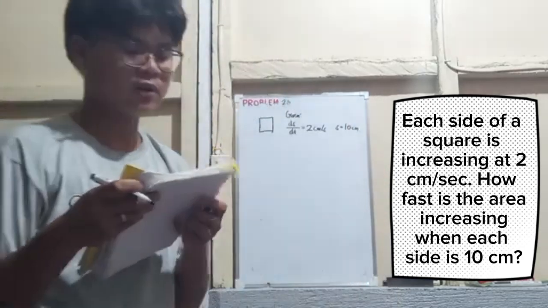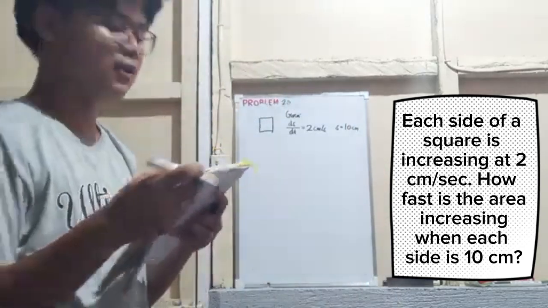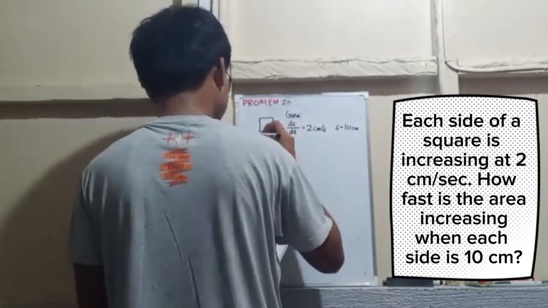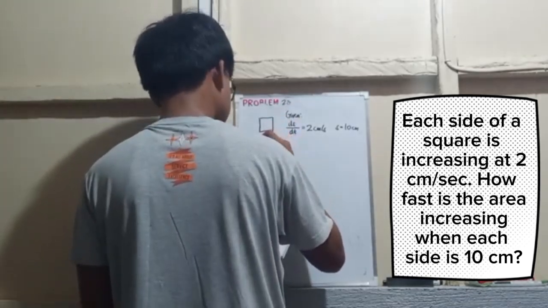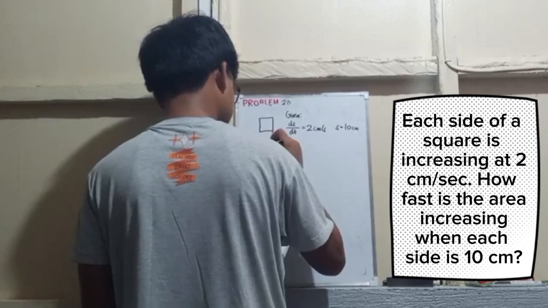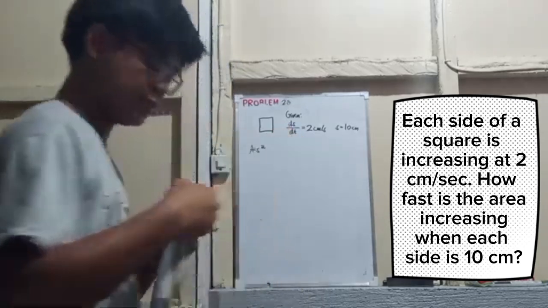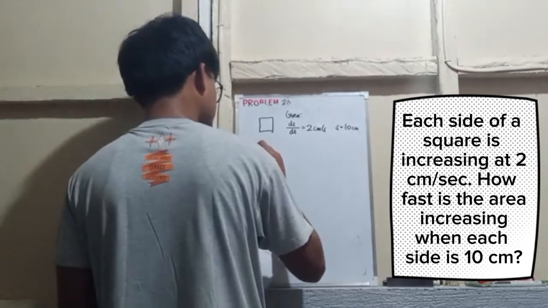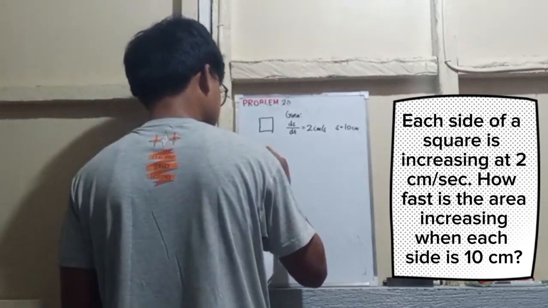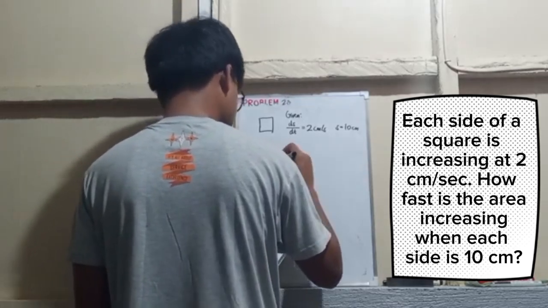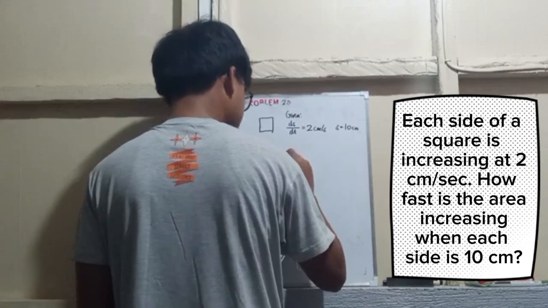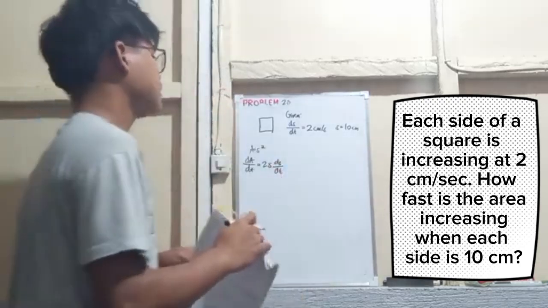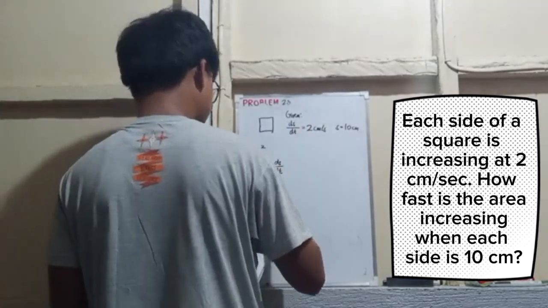So now we all know that the formula for getting the area of a square is s squared. So when we differentiate the formula, we will get dA over dt is equal to 2s ds over dt. Now we'll substitute the values of the given into the formula.